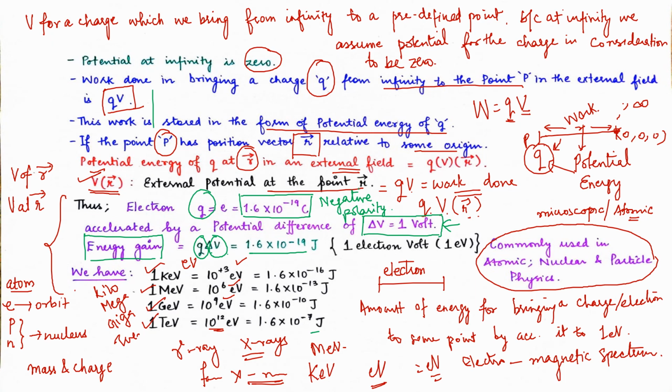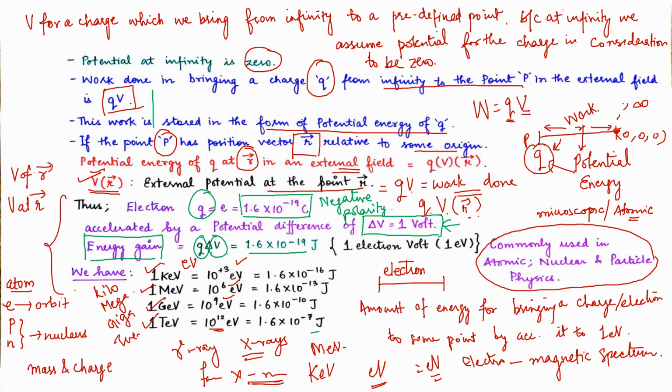Then we have seen one example of an electron where we defined its energy gain when we brought it from some point to a point in space using an acceleration through a potential difference of 1 volt. We have understood 1 electron volt.